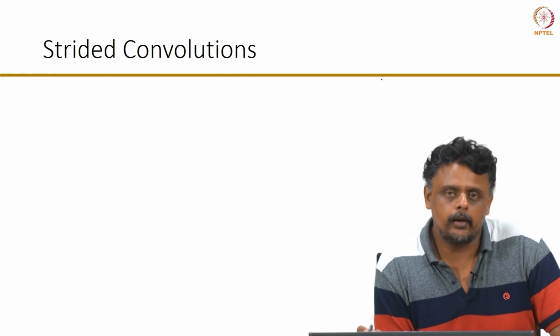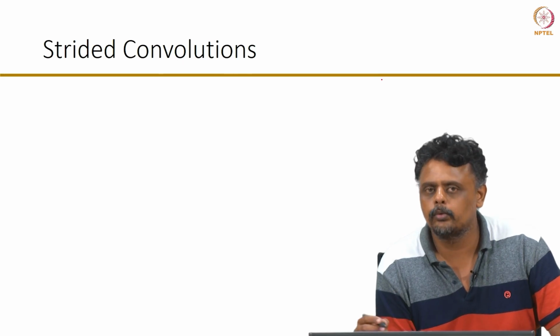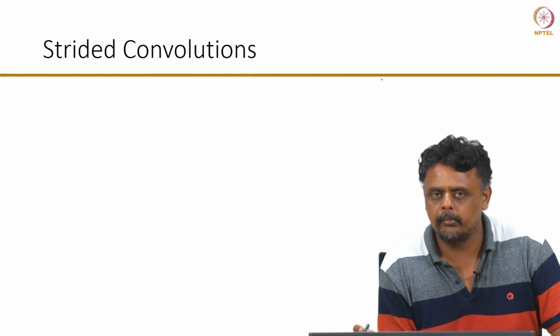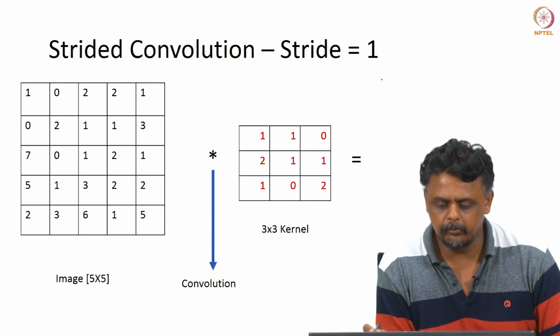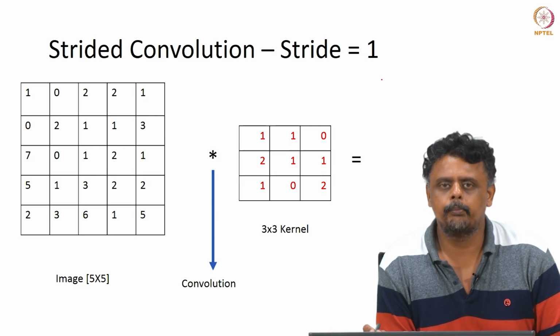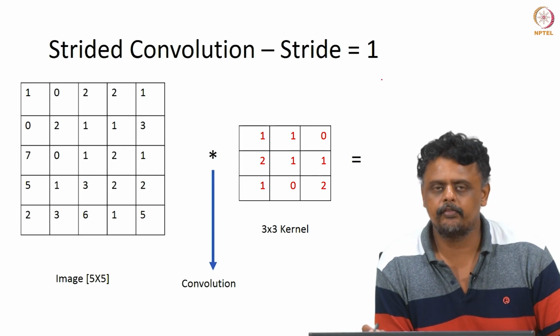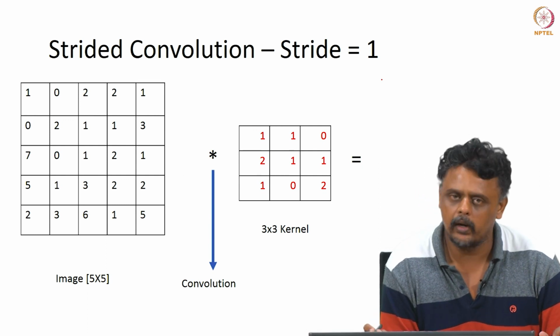A stride of 1 is typically what we do. However, if you have, let us say, very large feature maps and you want to subsample quickly, otherwise memory becomes an issue, then you do strided convolution. Strided convolutions are very simple to understand, except that you skip a few pixels instead of moving the kernel on the image 1 pixel at a time.